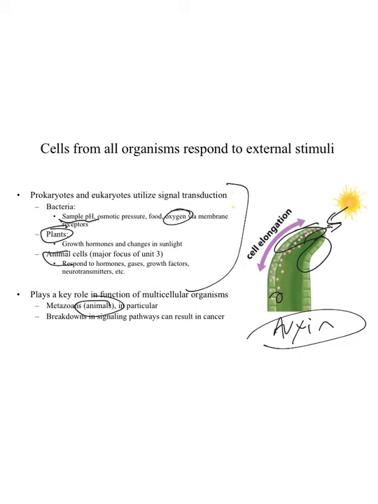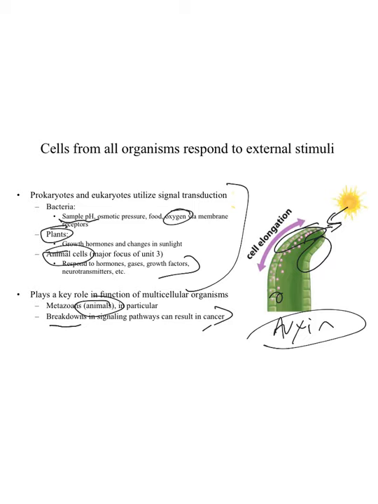Animal cells really do this in a big way, and that will be our major focus for Unit 3. We're going to see a wide range of signaling factors that can induce signal transduction cascades in animal cells. Another interesting fact is that signaling is very important clinically. We've learned over the years that quite a few transforming events that can turn a normal cell into a cancerous cell involve changes or breakdowns in signal transduction pathways.